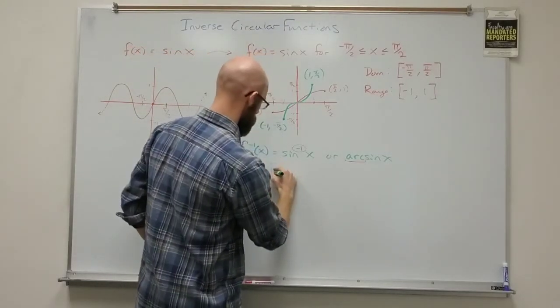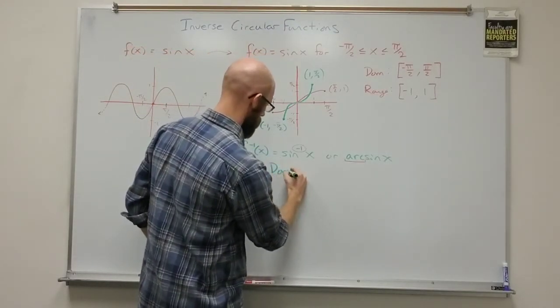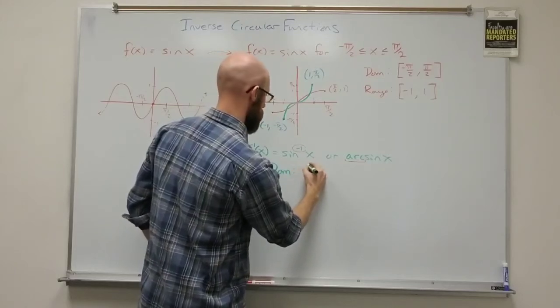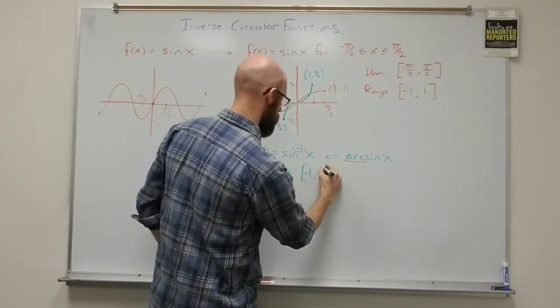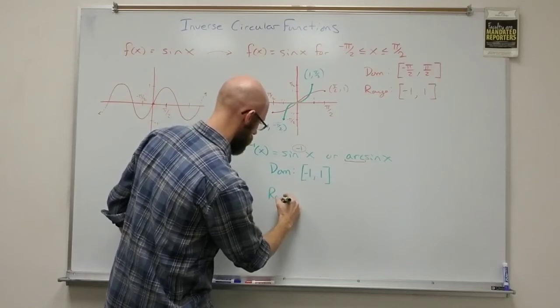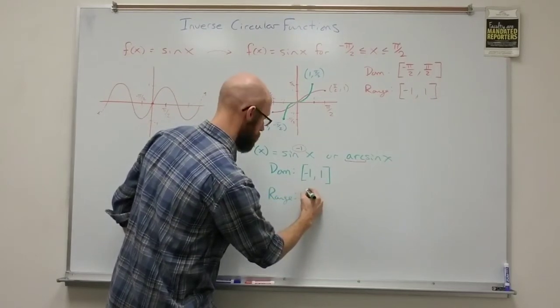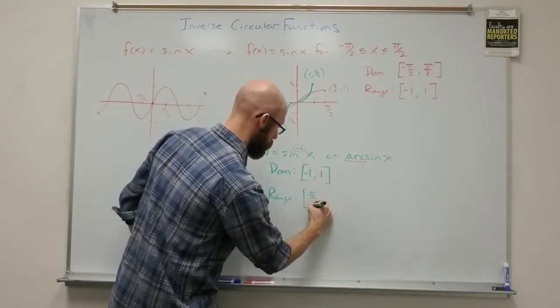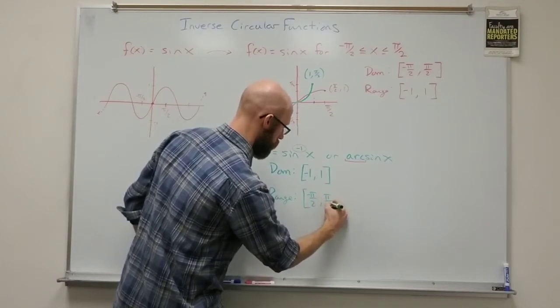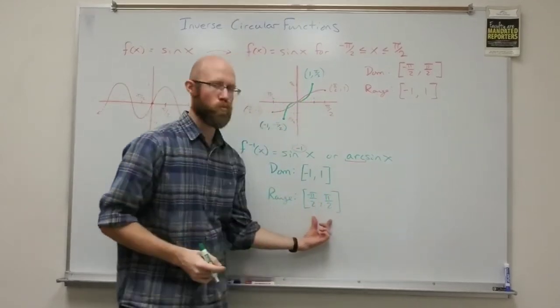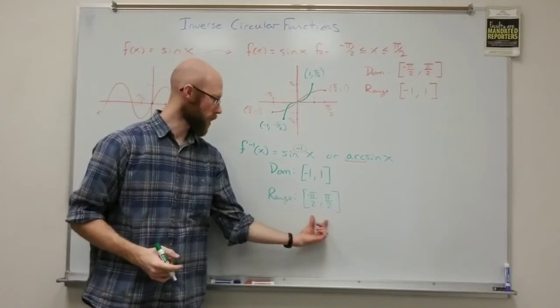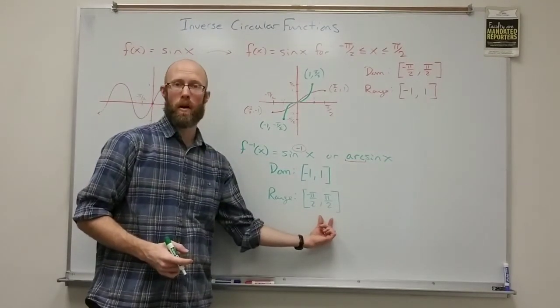So for this one, we'd have a domain from negative 1 to 1, and a range from negative pi over 2 to pi over 2. Now this is really, really important: the range being from negative pi over 2 to pi over 2.